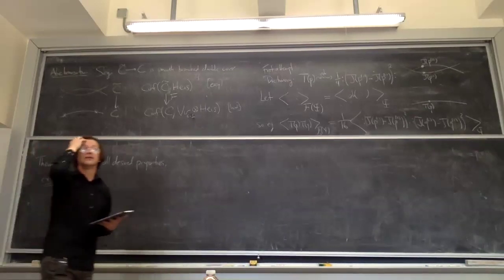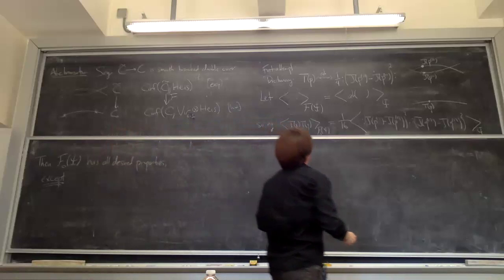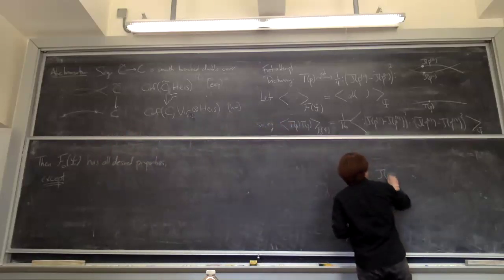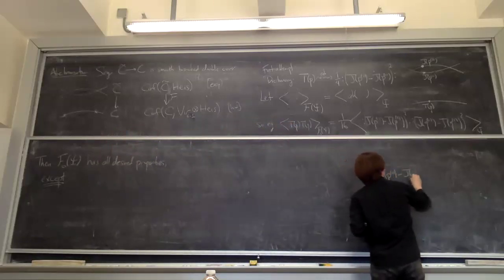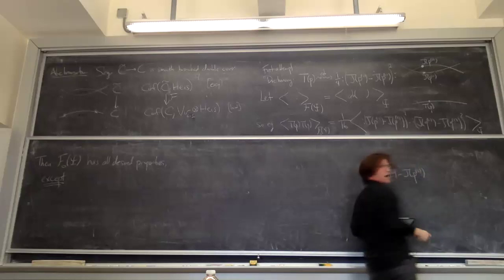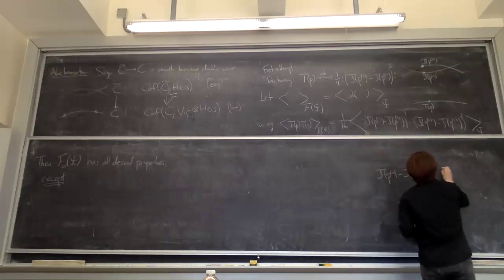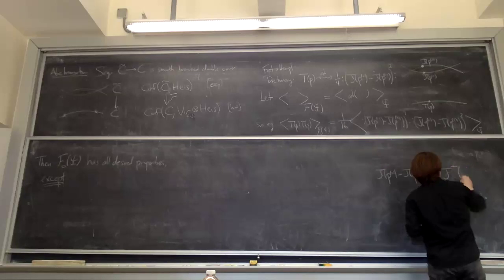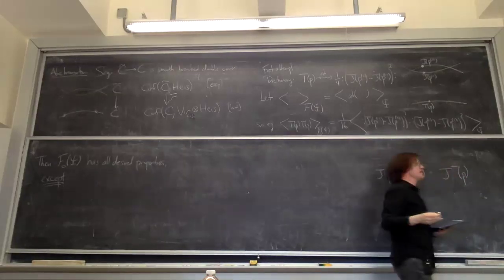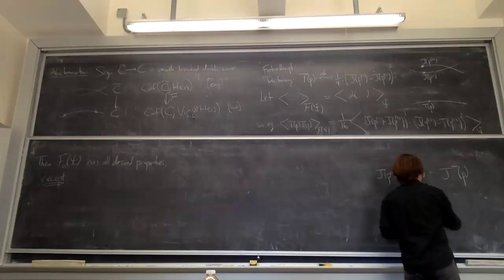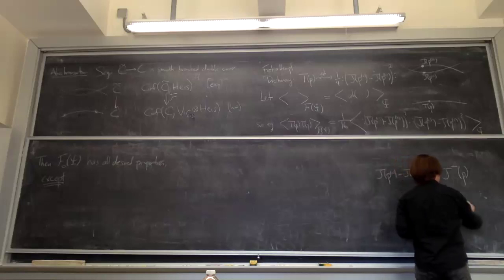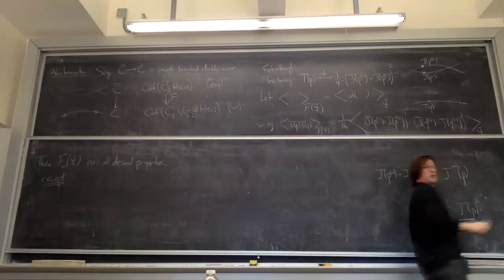The free field, so this J of p1 minus J of p2, you might have called that J minus of p. And then what we're doing essentially is we're saying T is J minus of p squared.